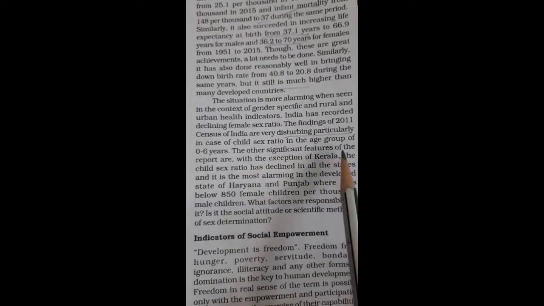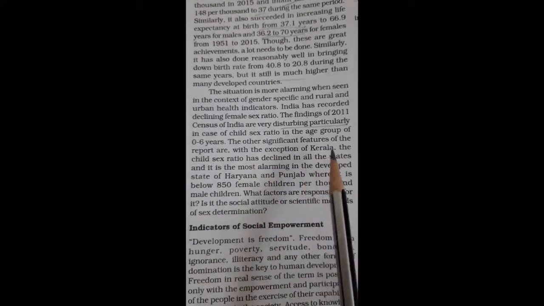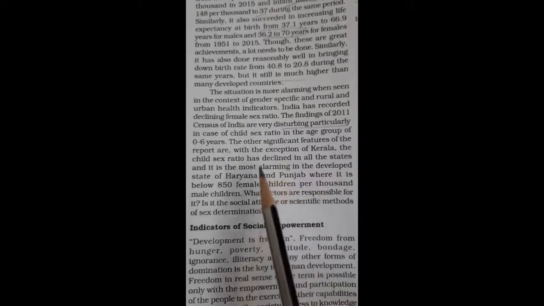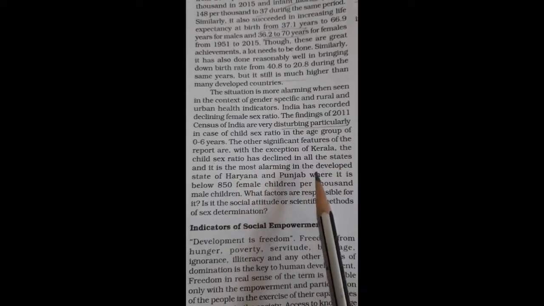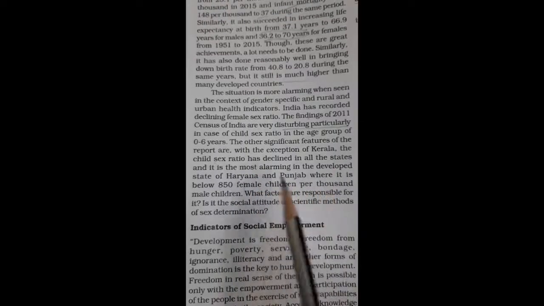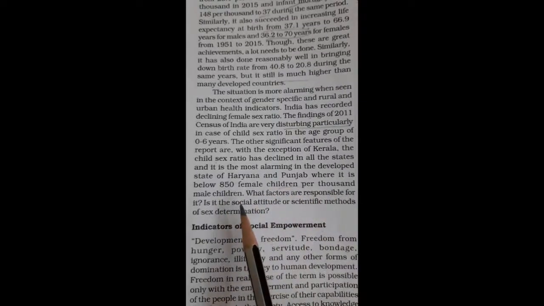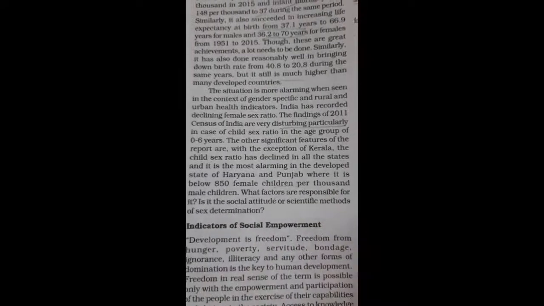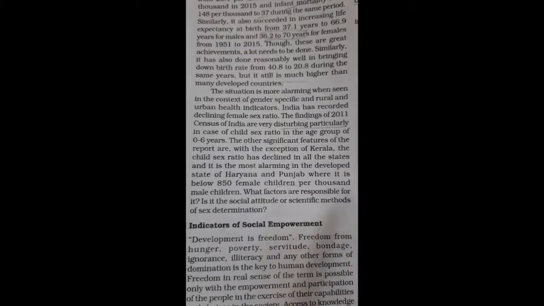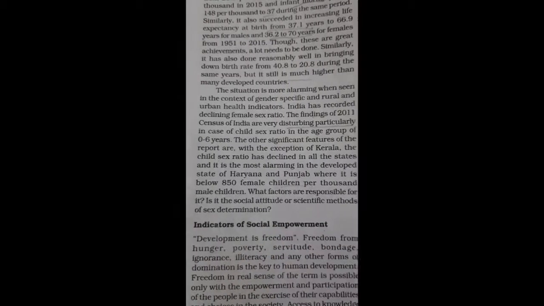The other significant features of the report are, with the exception of Kerala, the child sex ratio has declined in all the states, and it is the most alarming in the developed states of Haryana and Punjab, where it is below 850 female children per 1,000 male children. What factors are responsible for it? Is it the social attitude or scientific methods of sex determination?